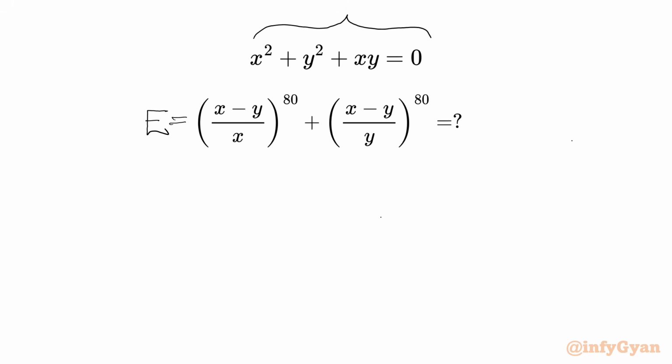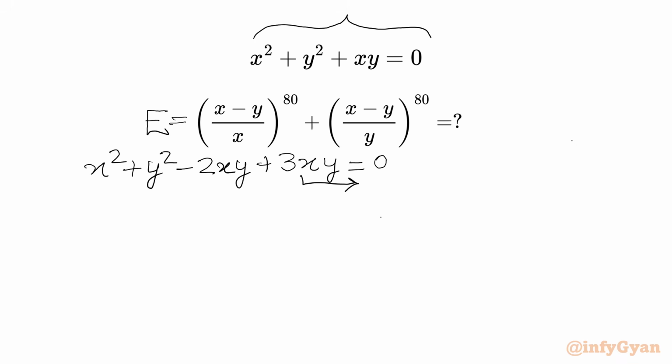So let's get started by writing our equation x square plus y square plus xy, which we can write as minus 2xy plus 3xy, equal to 0. Now we will take this term to the right hand side.